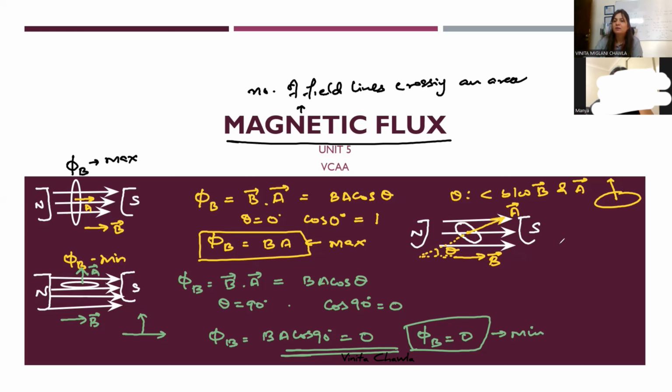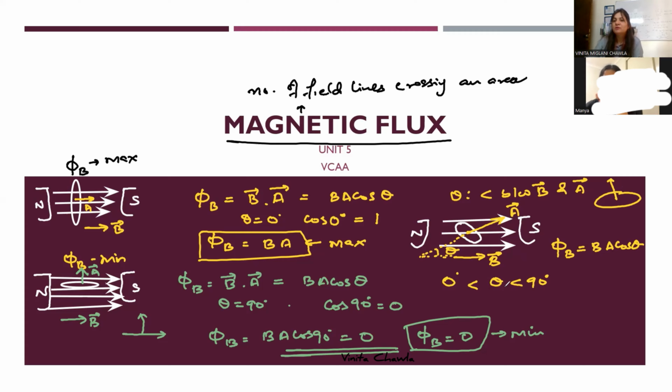So this time phi B is BA cos theta. Theta is neither 0 degree nor 90 degree; it is any angle between 0 and 90. So theta is greater than 0 degree and less than 90 degree.